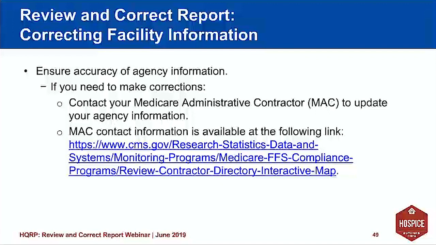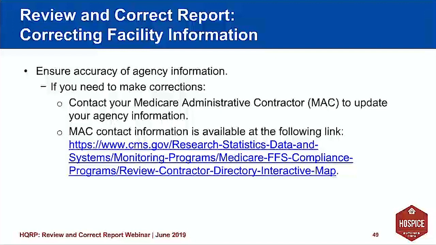If it was just updated in the ASPEN system, then the MAC doesn't know. If it's only updated by the MAC, then the ASPEN system doesn't know, and we don't know. Unfortunately, at this point, all of these systems are not directly connected. There is a way that we communicate this information and make sure it gets to where it needs to be, but the first step is to contact your MAC.